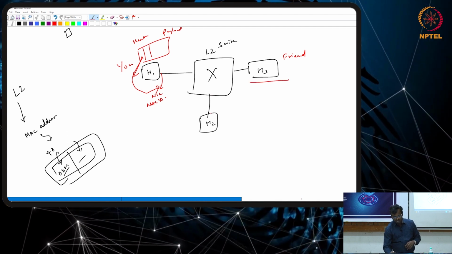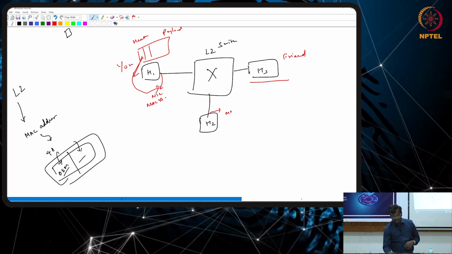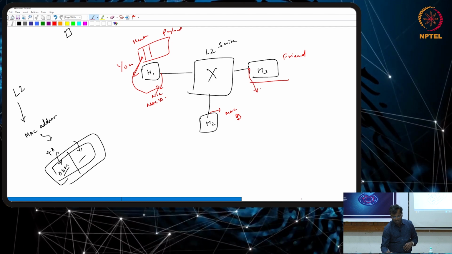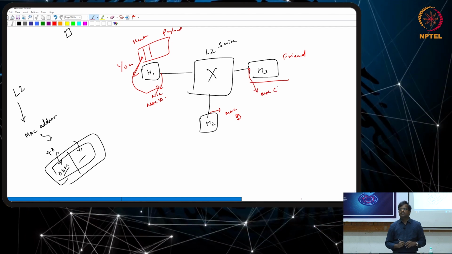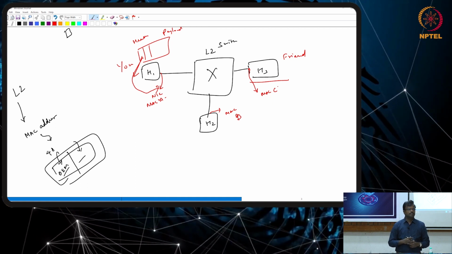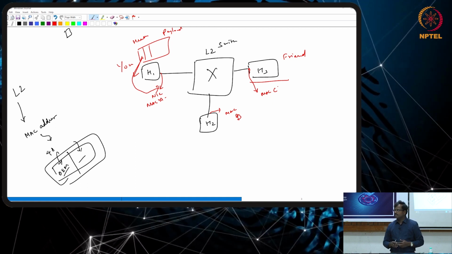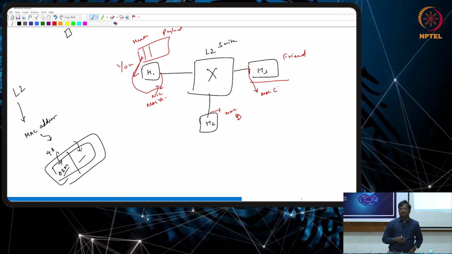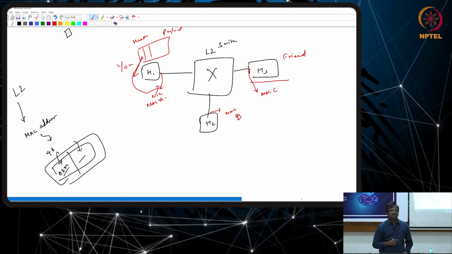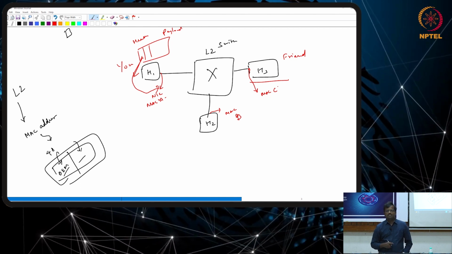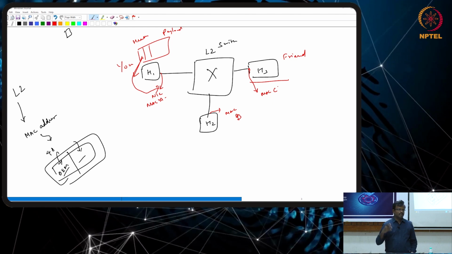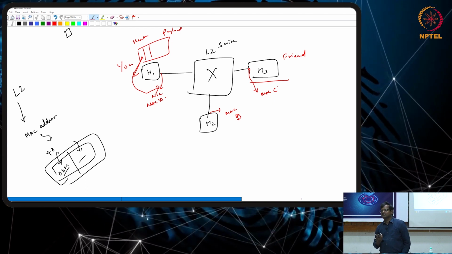This is host H2, which has MAC address B, and this network interface card has MAC address C. What should you know in order to communicate your frame to your friend who is sitting in H3? It's very simple. You should know the MAC address C. How do you know?